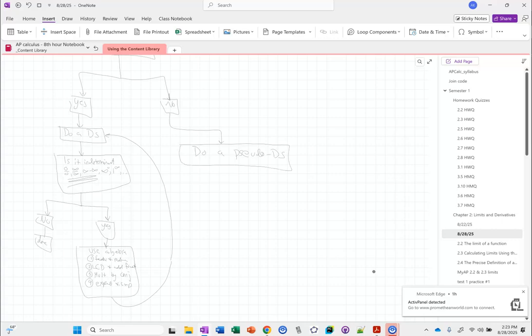So what? Do a pseudo direct substitution, because it's infinity or negative infinity, you can't really plug those into a function. But you'd be like, okay, if I take this thing, the top is going to infinity or negative infinity, the bottom going to infinity or negative infinity. Just enough to see, right? And you'll ask the same thing, is it indeterminate?